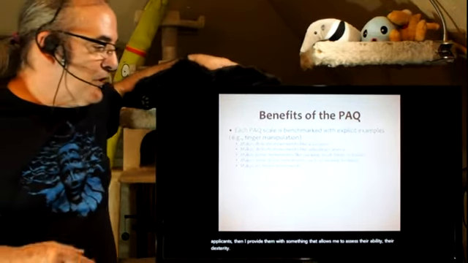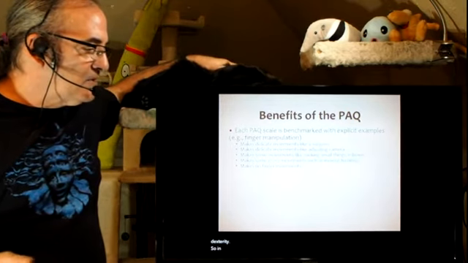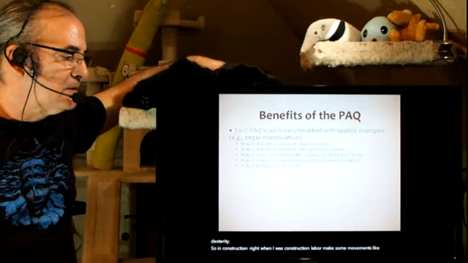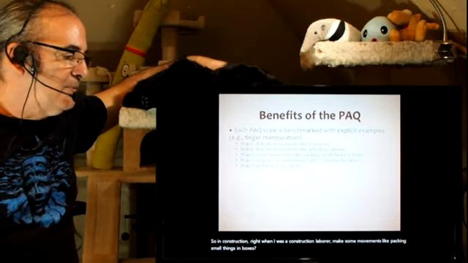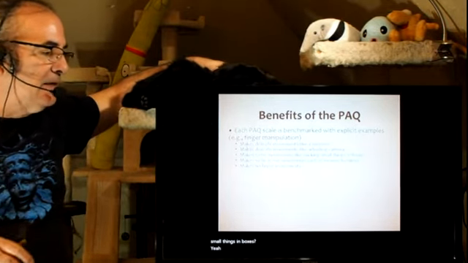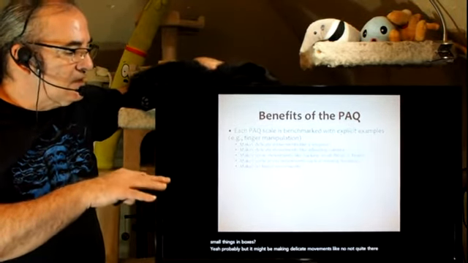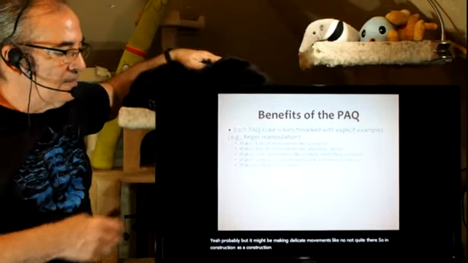So in construction, when I was a construction laborer, make some movements like packing small things in boxes. Yeah, probably, but it might be making delicate movements. No, not quite there. So as a construction laborer, I was probably in the middle.